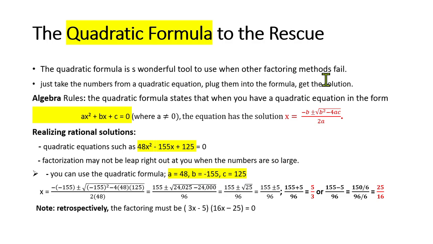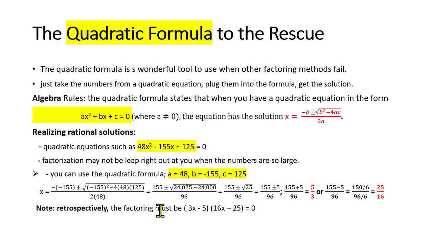When you don't find any factoring, just take the coefficients from the quadratic equation and plug them into the formula. The formula is x equals minus b plus or minus the square root of b squared minus 4ac, over 2a, from ax squared plus bx plus c equals 0. And sometimes you have a rational solution, but sometimes you have an irrational solution.